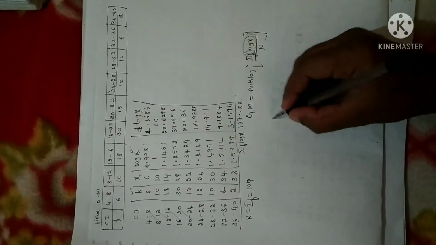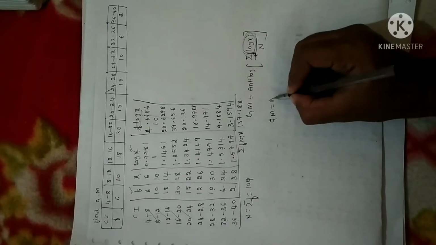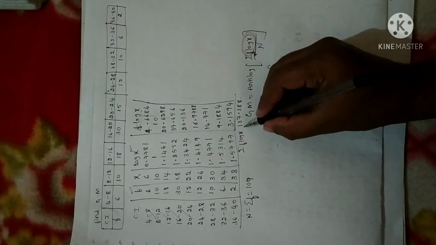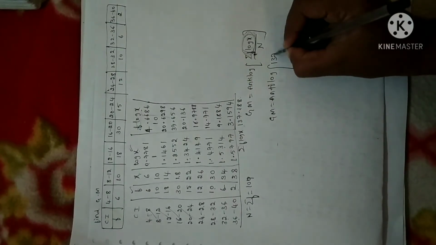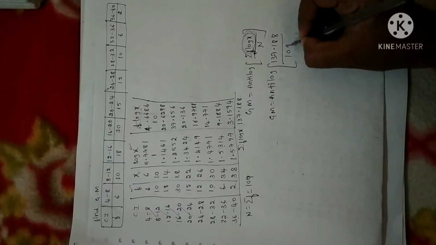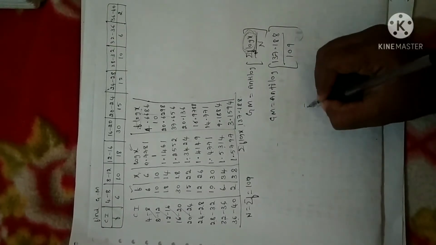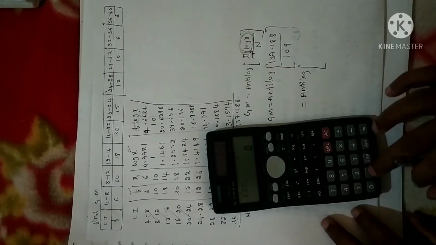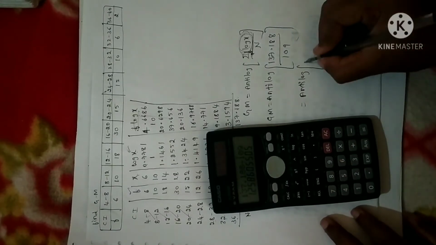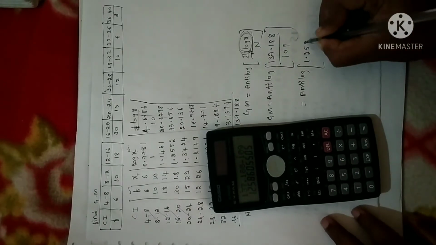Clear? Now let me substitute. So geometric mean is equal to anti-log of the numerator value 137.188 divided by the denominator N, which is 109. When you divide it, 137.188 divided by 109 is 1.2586.